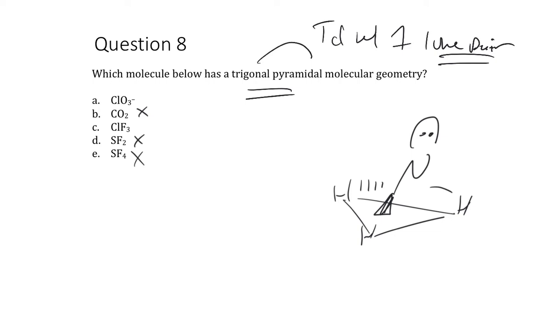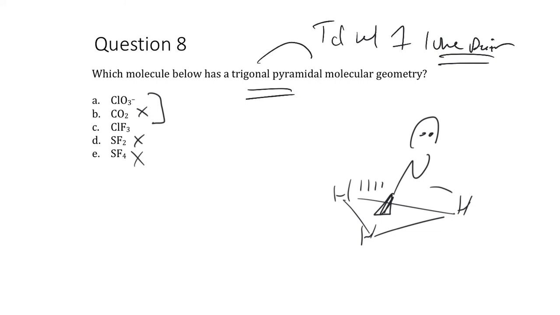Having four things doesn't make sense either. Like SF4, it's going to be a question: is it tetrahedral or is it going to be like seesaw, or is it going to be like square planar or something within the larger molecular geometries, like 4, 5, or 6 domains. And then the only two possibilities are ClO3 and ClF3.